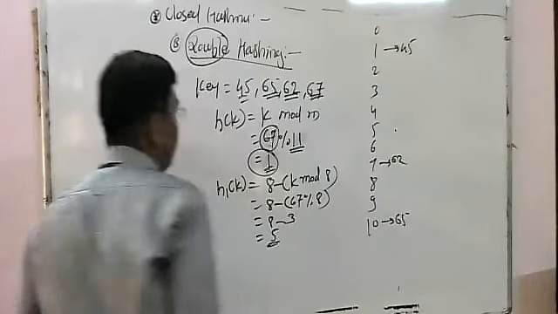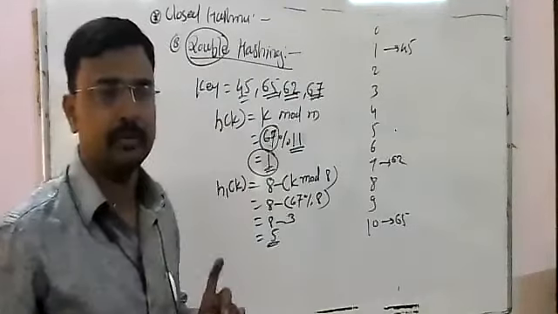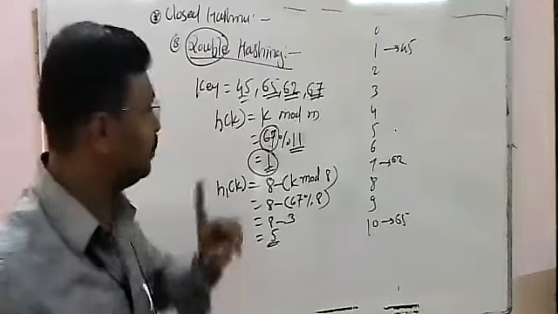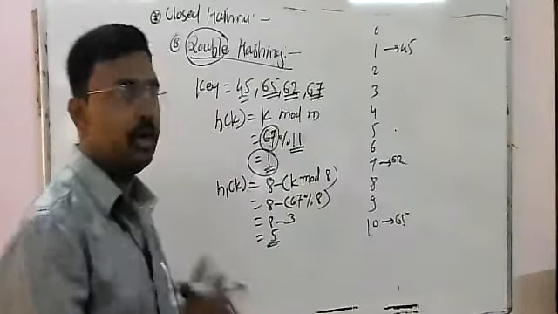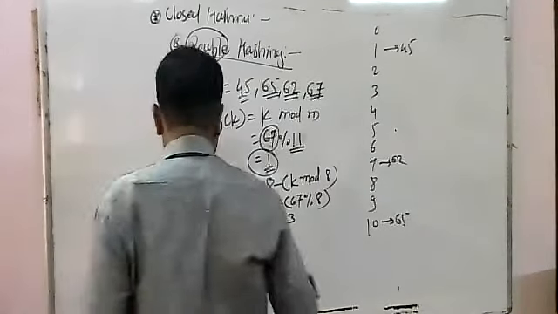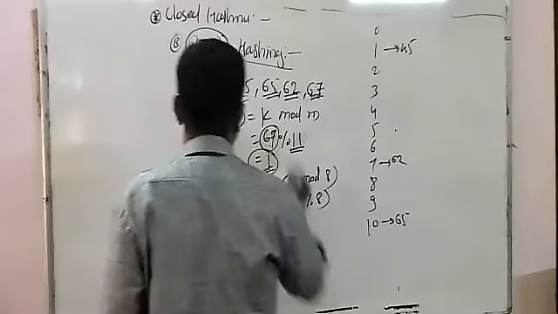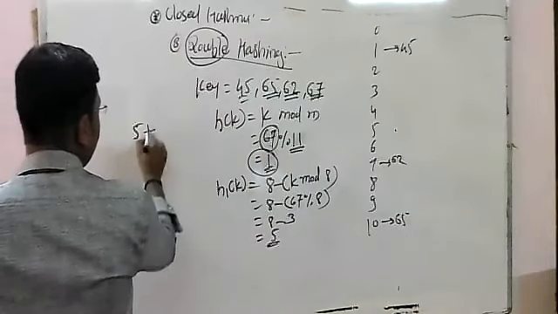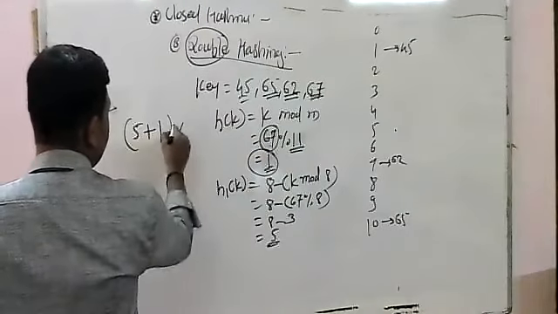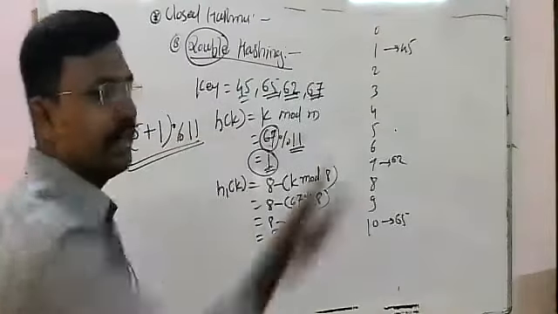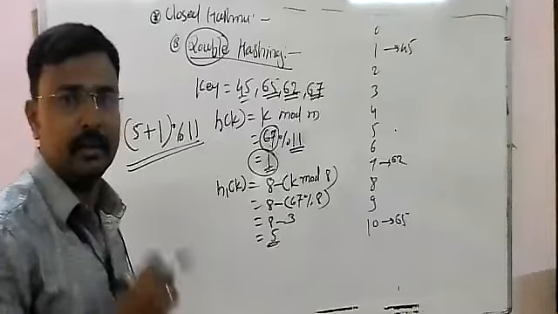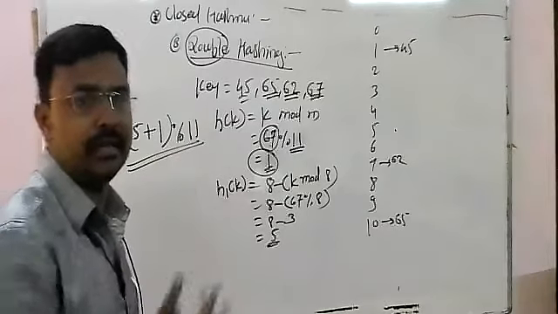Now we got two hash values. Which ones? 5 and 1. Now we are going to add these two, 5 plus 1, and then take the modulus with your original table size, because that is the table in which we are going to store it.